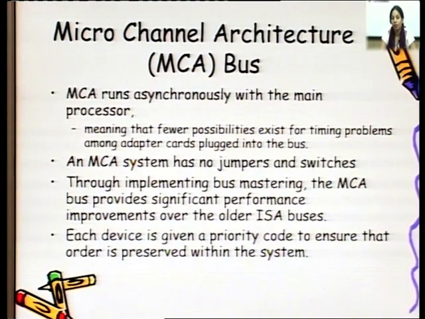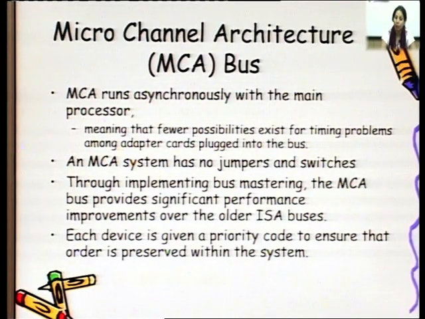Then MCA runs asynchronously with the main processor, meaning that fewer possibilities exist for timing problems among adapter cards plugged into the bus. An MCA system has no jumpers and switches. Through implementing bus mastering, the MCA bus provides significant performance improvements over older ISA buses.